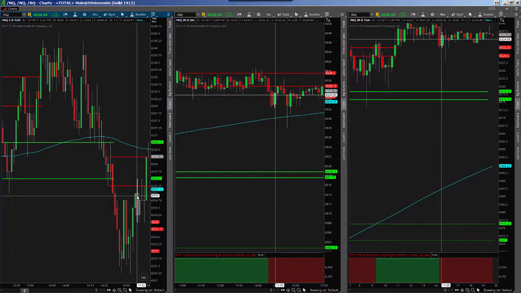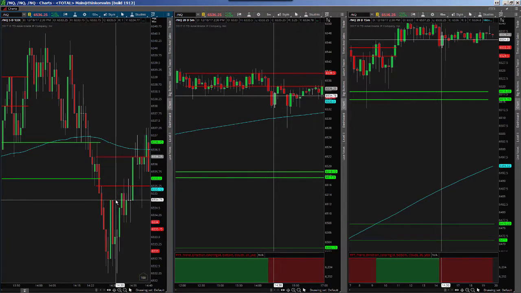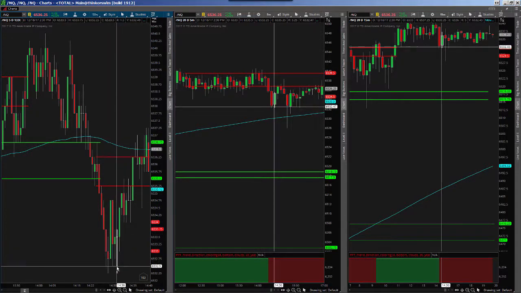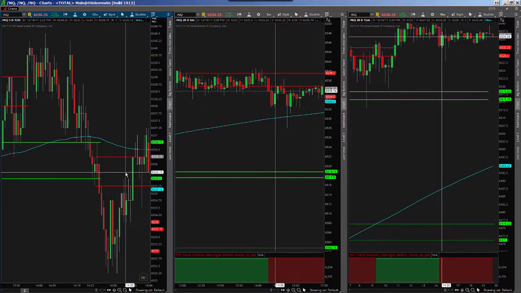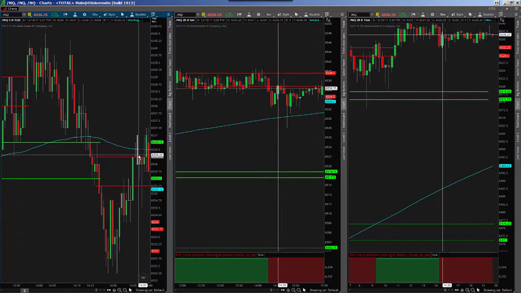Now I am red and red. So I have a trade here. Stopped out. This one never sets up. Then I have a trade right there.